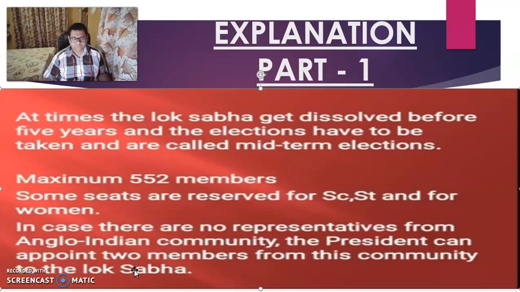So here even the Anglo-Indian is a part of the Lok Sabha. Seats are reserved for scheduled castes, scheduled tribes, women, and also Anglo-Indians. So this is the composition of the Lok Sabha. I hope you all have understood.